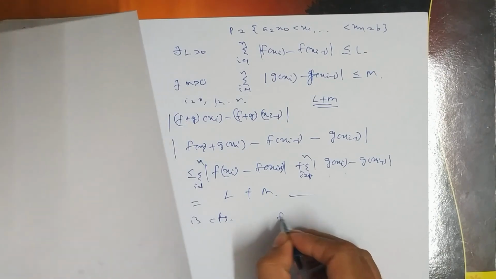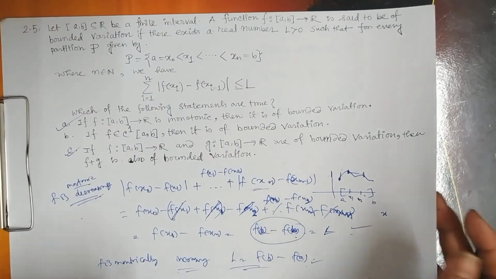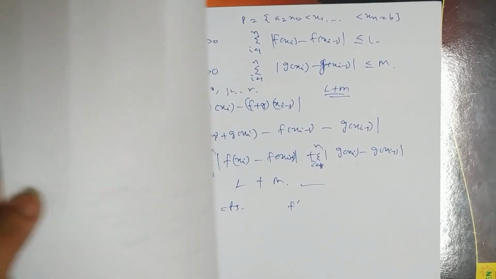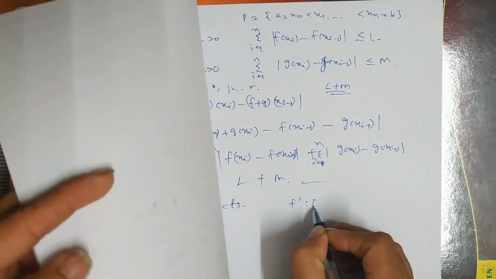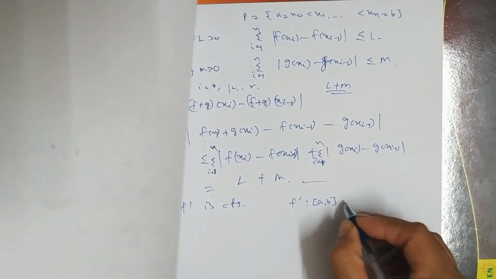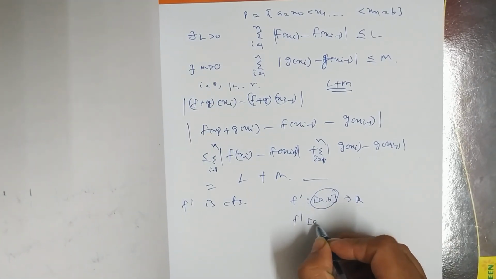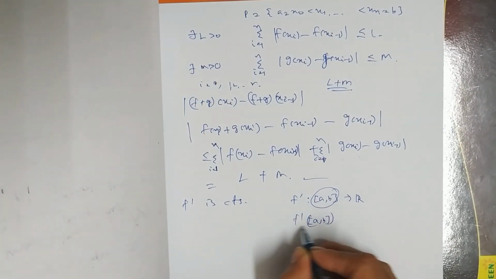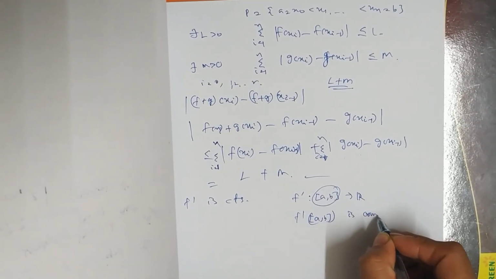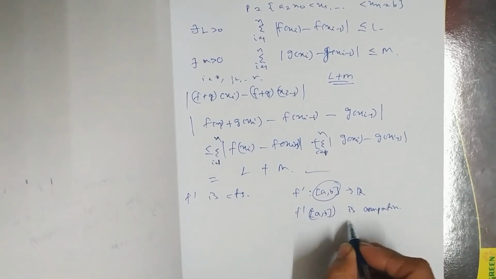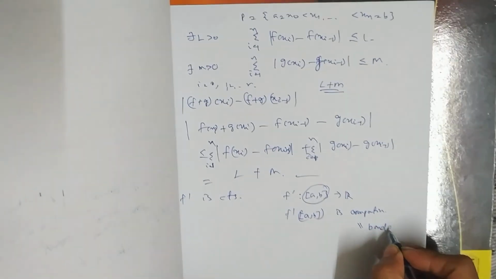Now f prime we can define on the closed interval [a, b] to R. This is a compact set, so the image of f prime on [a, b] is compact in R. That means it is closed and bounded.